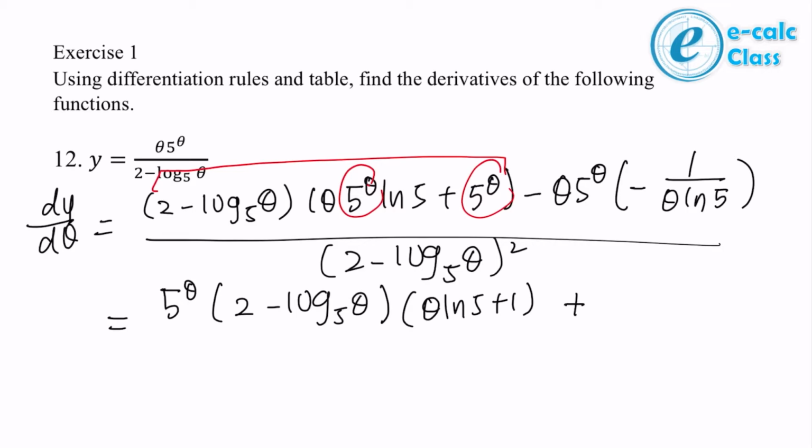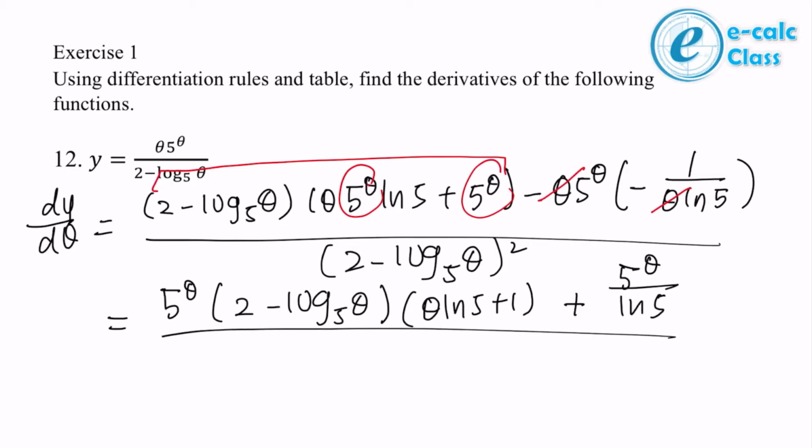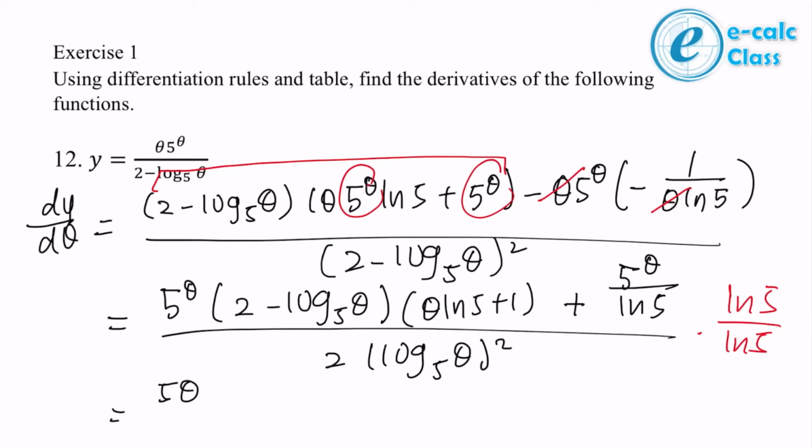Minus becomes a plus. Theta and theta can cancel each other. 5 to the theta over ln 5. There's not much you can do, you know. The most you can do is you multiply top and bottom by ln 5 to get rid of this fraction here. Okay, 5 to the theta power, ln 5.